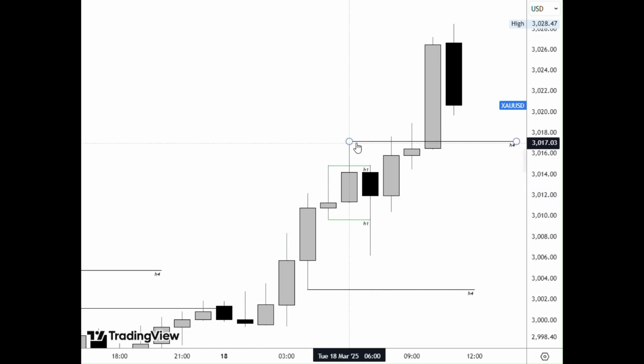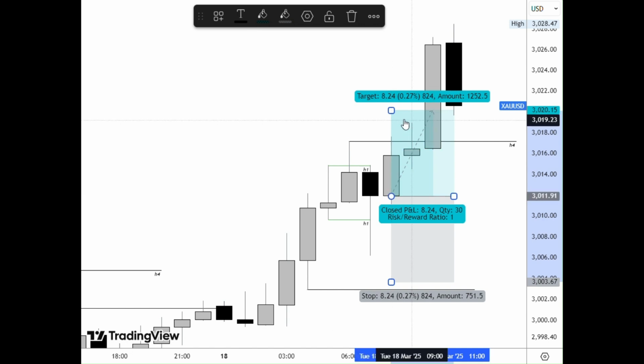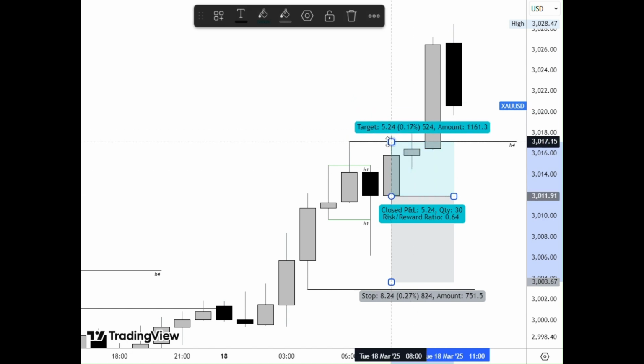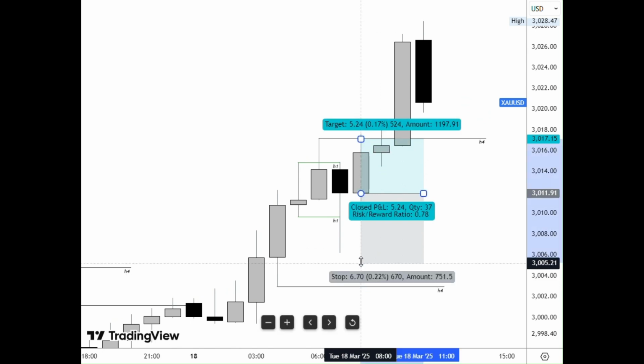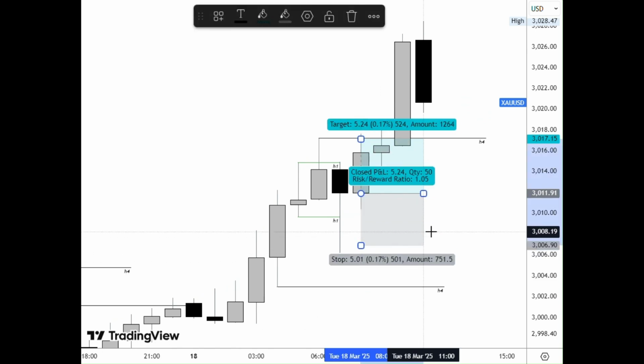So what are we targeting? The high that led to the sweep of this low, which is this high right about here. That's when I caught my entry right about here, and then take profit at the target, right? And then stop loss below here, right?